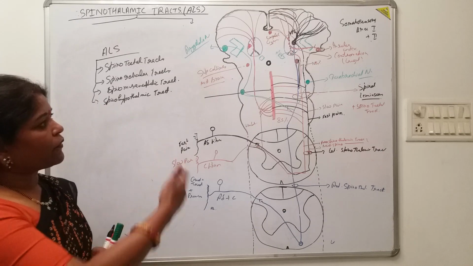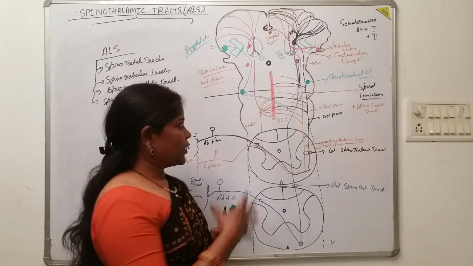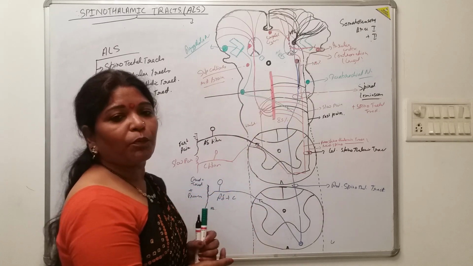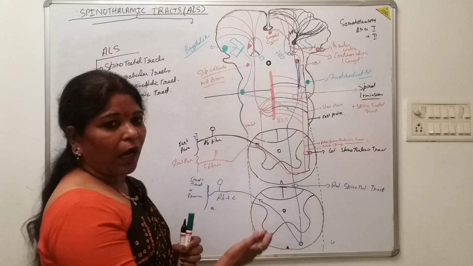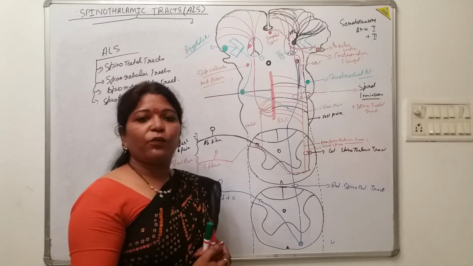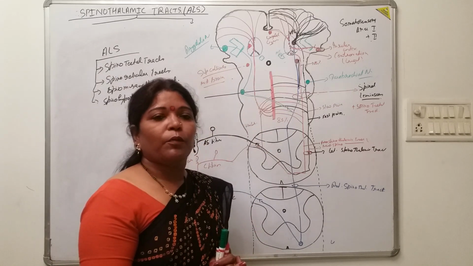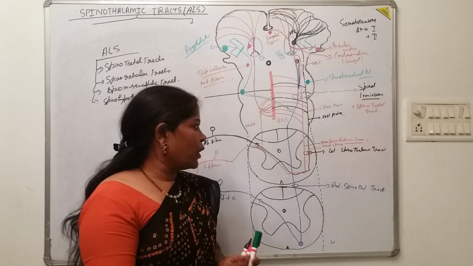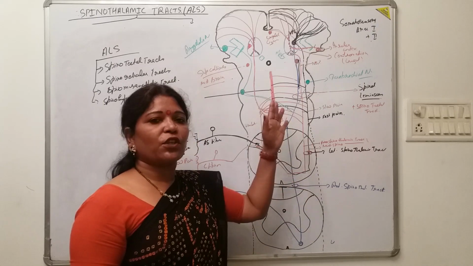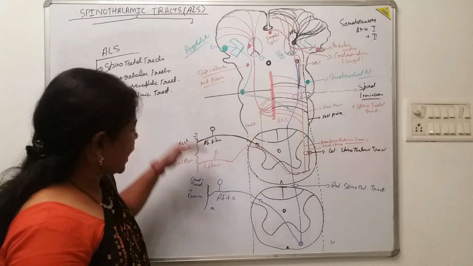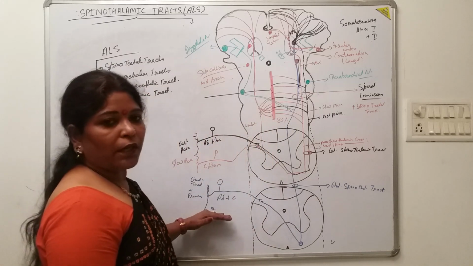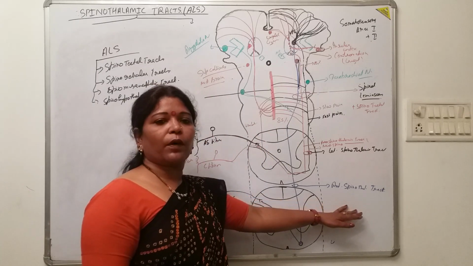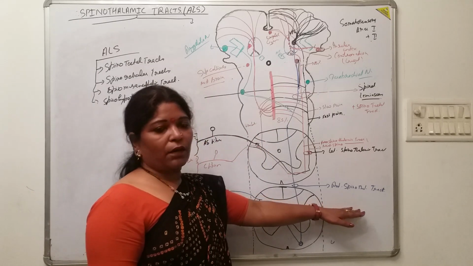So these were the different fibers, the networking of the pain fibers in their pathway, how they are interconnected with the different areas of the brainstem as well as the cerebral cortex. So this was all about the pain and temperature pathway, along with crude touch and pressure sensation via the anterior spinothalamic tract. That means we have completed the whole anterolateral system here.